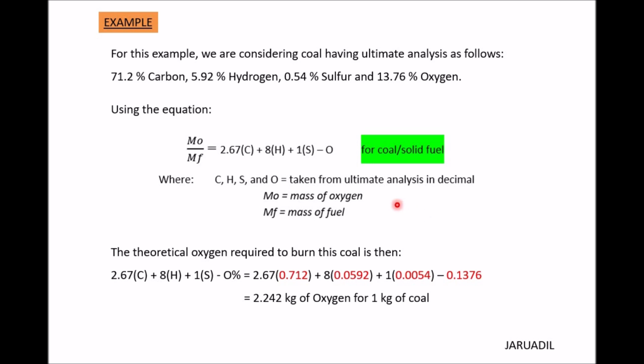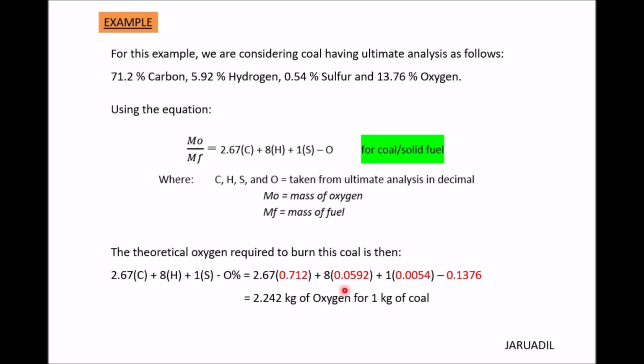So for this example, we will use the equation, this one. Let's start with this equation. Okay. Check na lang natin ito mamaya doon sa isa pang equation. So, using this equation, the theoretical oxygen required to burn this coal is then, so substitute mo lang yung carbon, hydrogen, sulfur, and oxygen. So, 2.67.